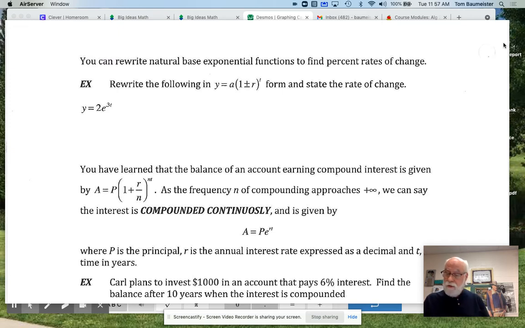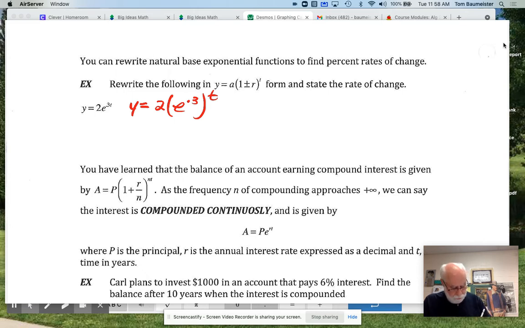The example I gave you is y equals 2 times e raised to the 0.3t. There is a decimal in front of that. So you can rewrite this as y equals, and what we're trying to do here, ladies and gentlemen, is get the number with the e. So we can write this as e to the 0.3 raised to the t power, because remember, a power raised to a power, we're multiplying, right?